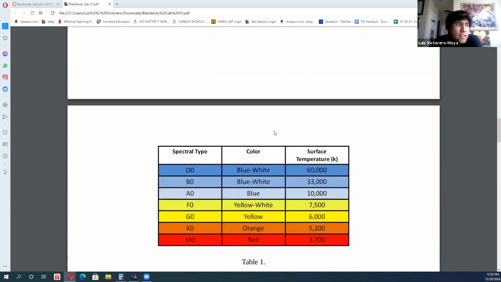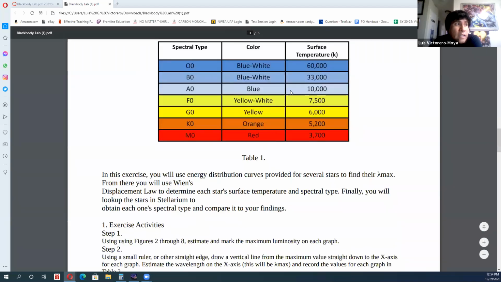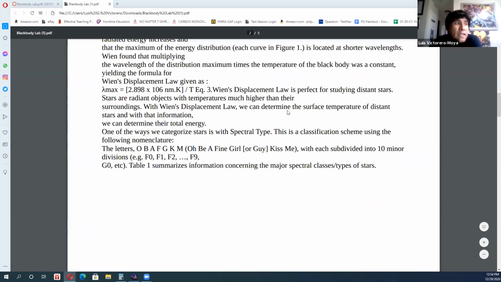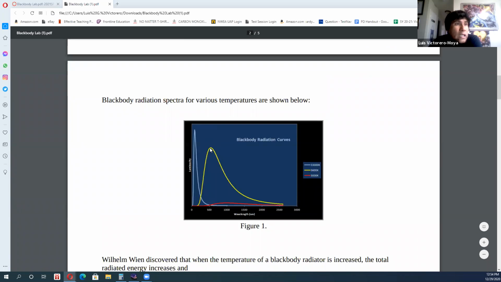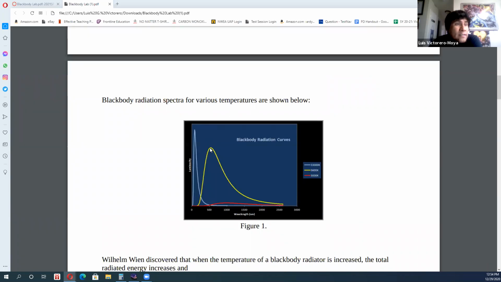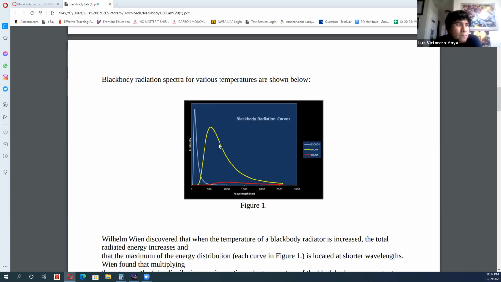Different stars have a different skew, and that depends on their color and surface temperature. The peak that you observe here gives us a good approximate value for the surface temperature. In the case of the Sun, that's approximately 6,000 kelvins.